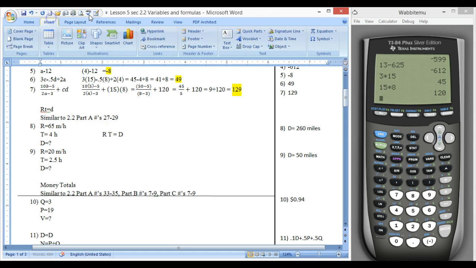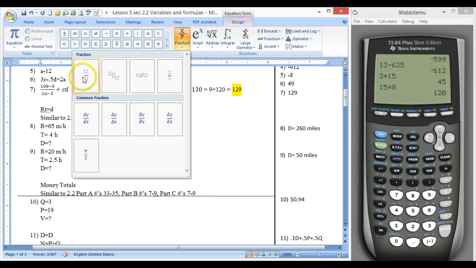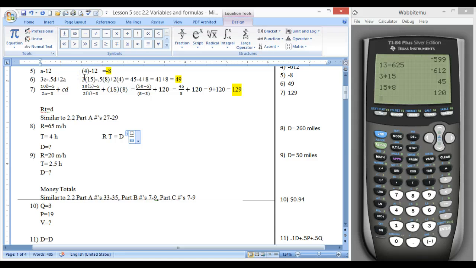Actually, I'm going to show you a little bit of the units on this as well because I like this. 65, this miles per hour means I have miles on top over hours. So it's kind of a continuation from the last section about units. So that's the rate. So I've taken care of this part of the formula.